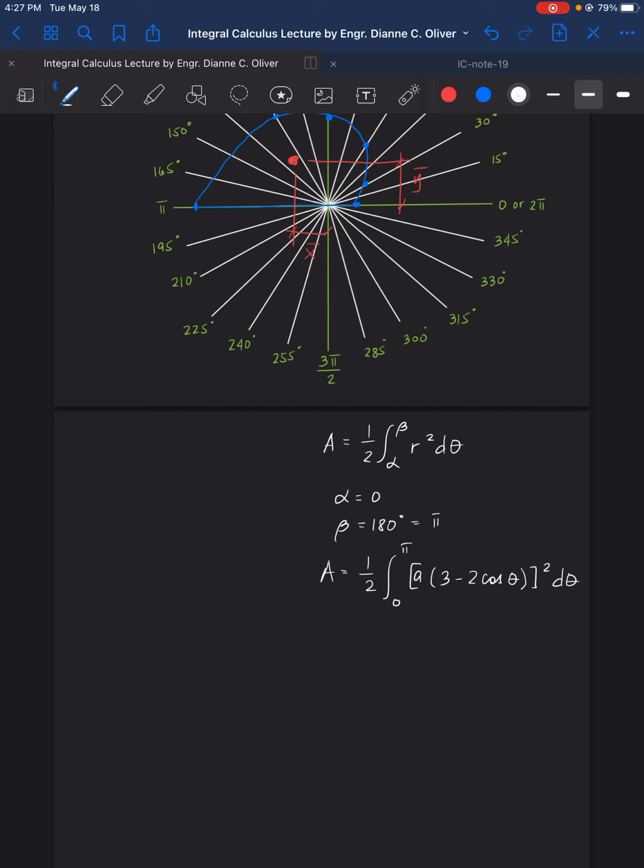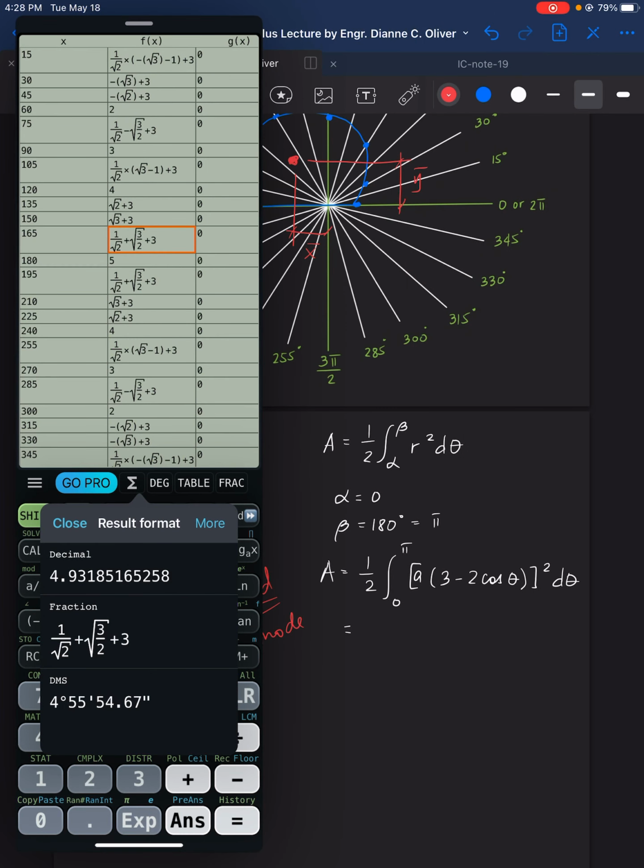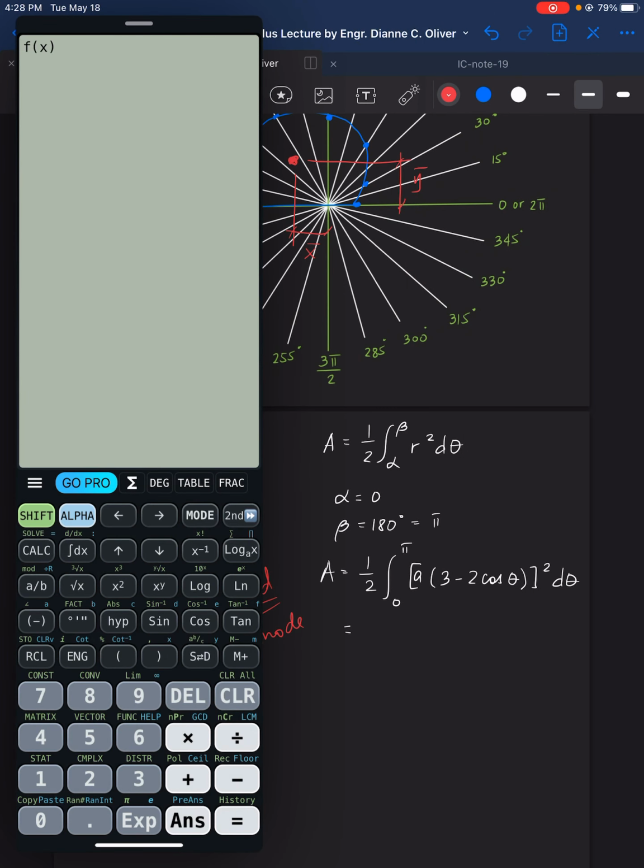Now in computing for this, we need to remember to use radian mode. So use radian mode in the calculator. Go to mode on the calculator, then change the mode into radian mode.